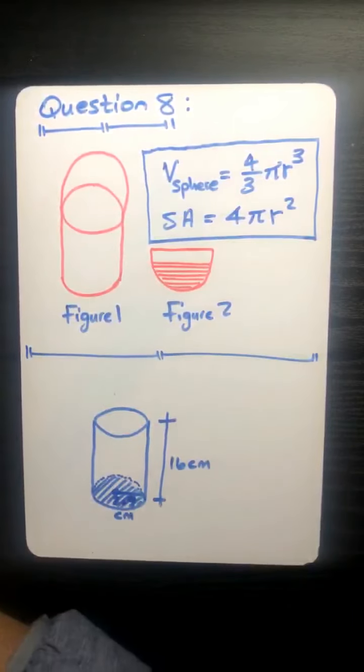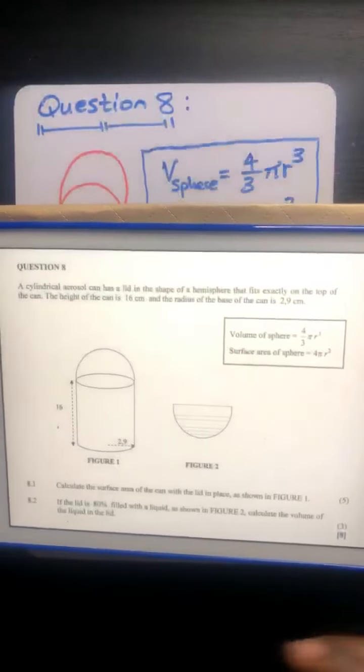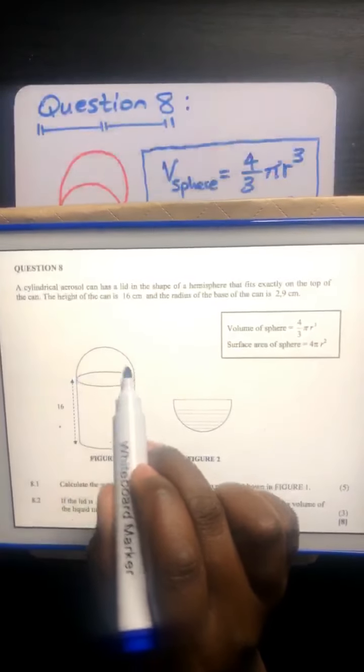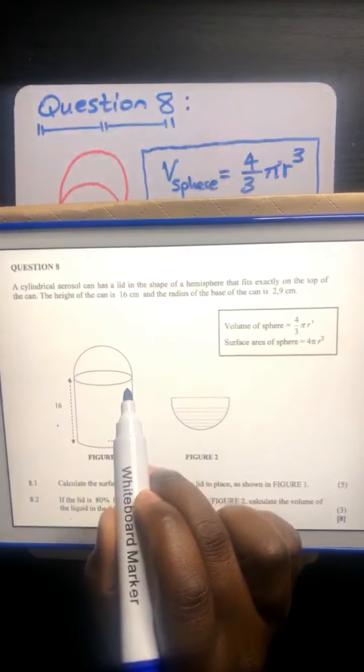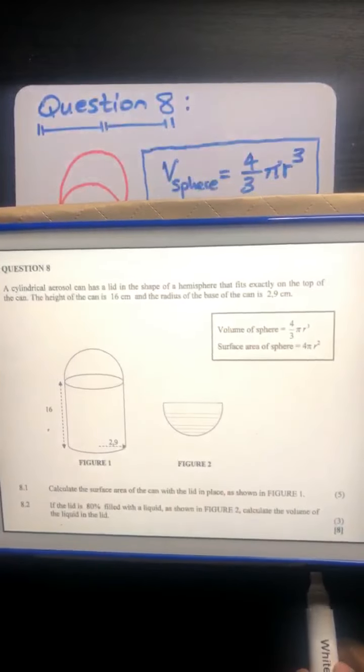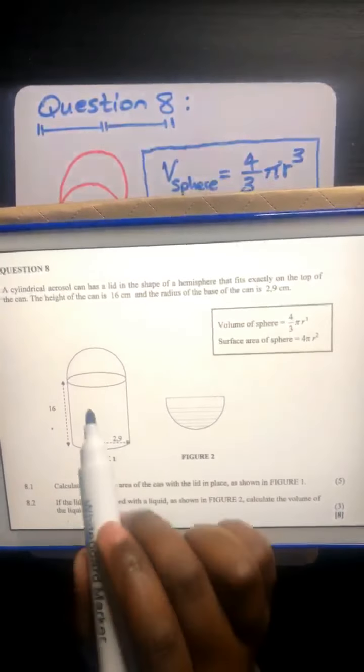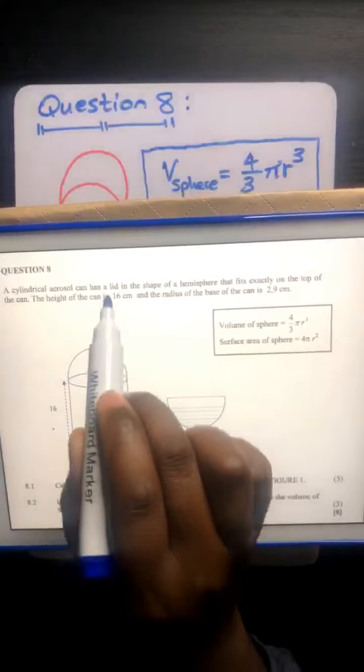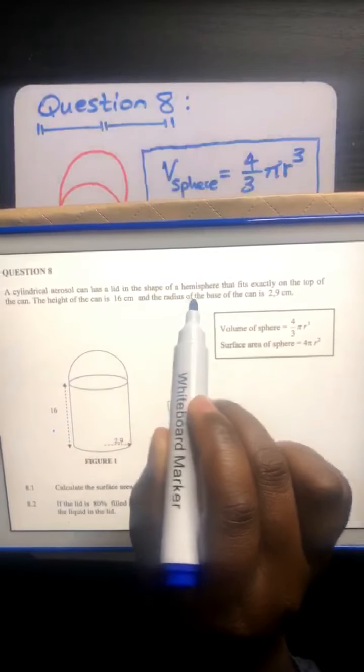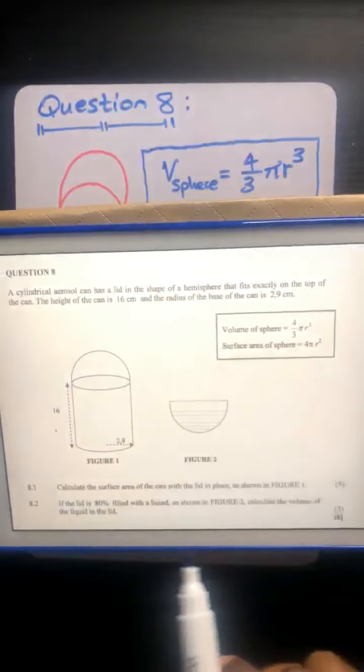Now I'm not sure if you guys can notice something there. This thing is like a half tennis ball. I'm not sure if you guys are agreeing with me. This thing, that lid in the shape of a hemisphere.